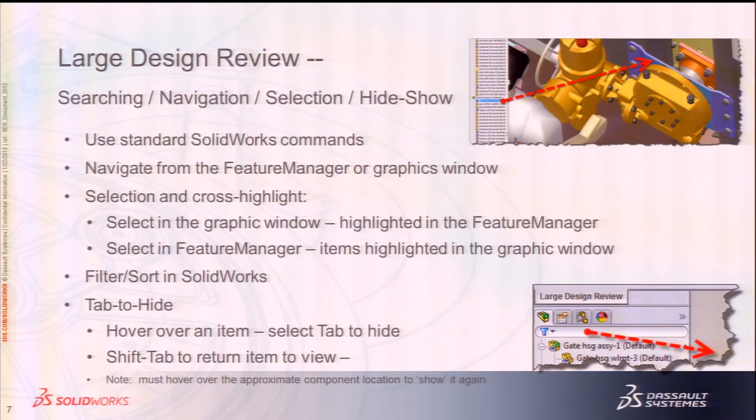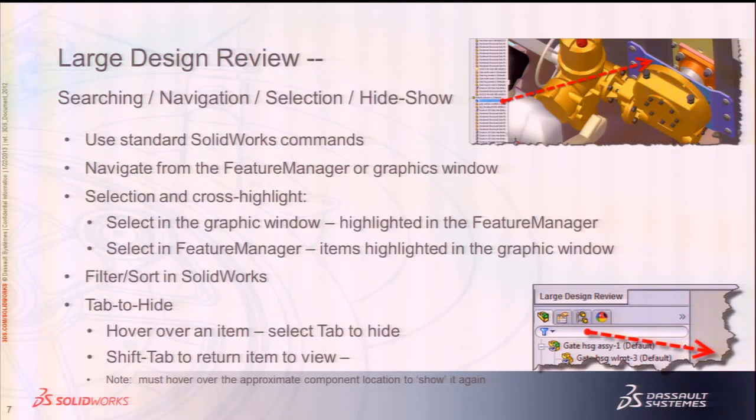Again, we'll see this live, but basically, you can click in the feature manager, you can find the parts in the graphic window, or click in the graphic window and find your item of interest in the feature manager. So it's a very, very handy set of tools. And again, there's not very much to learn at all because you already know it from using SolidWorks every day.